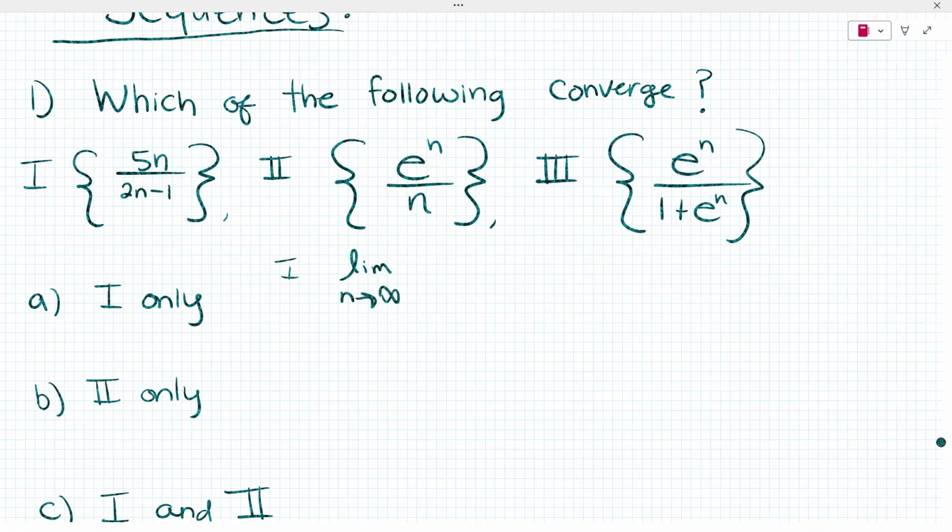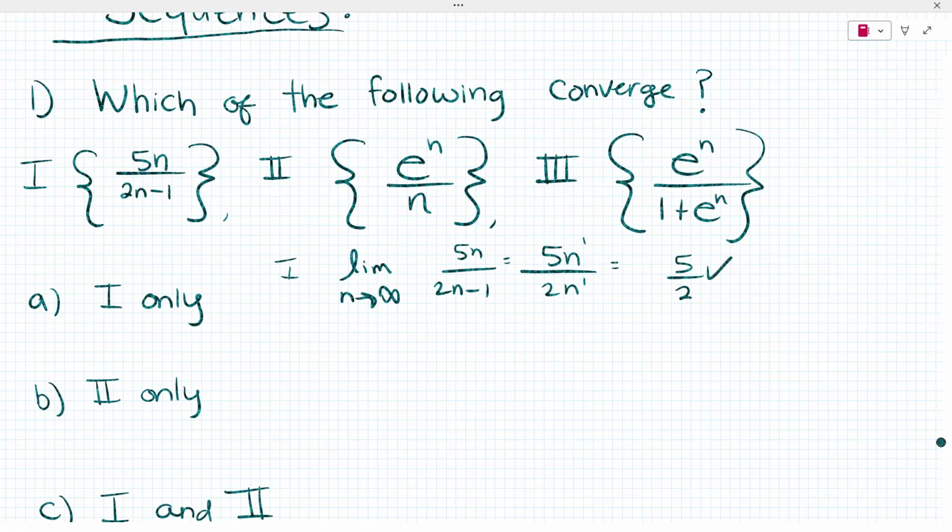You just look at the highest term on the numerator and the highest term on the denominator. What is the highest term on the numerator? It's 5n. And the highest term of the denominator is 2n. Look at the powers: they're both to the power of 1. What happens when those degrees are the same? You use the coefficients. So that's going to be five halves.